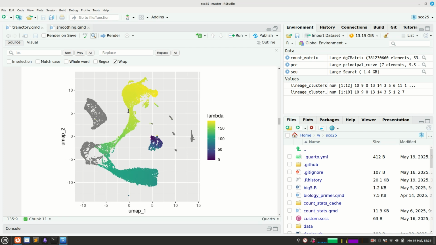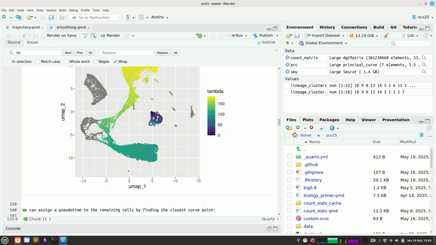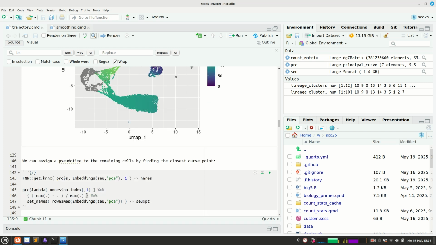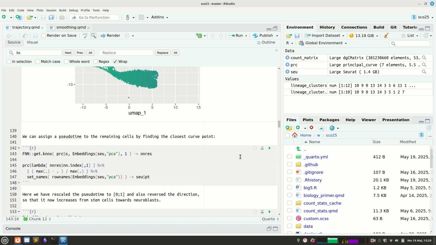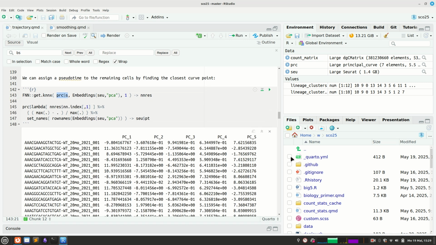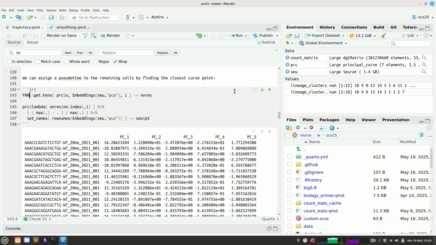Before we go a bit further, what I first do is assign a pseudotime to the remaining cells also. I have here all the points on the curve, each cell's projection point on the curve, and here I have the PCA embeddings of all the other cells, and I can use this nearest neighbor function.